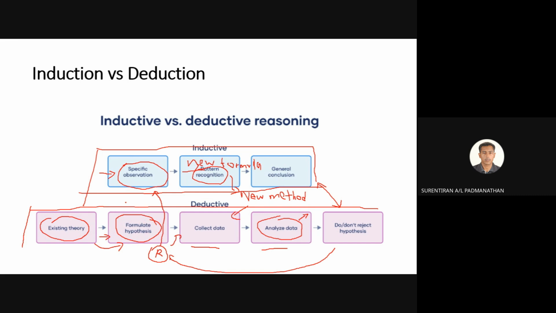Then using the empirical method, he does all the research. He does all the literature studies, then he comes out with the research gap, then he comes out with the problem and objective.